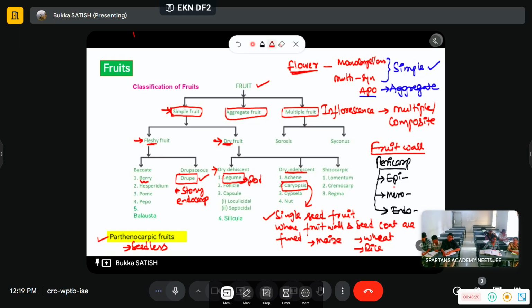Give me an example where parthenocarpic fruit is economically not important. Just thinking ability. Think about the case where if you produce parthenocarpic fruit, it will become economically useless.